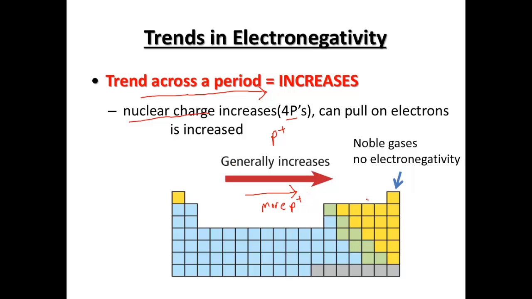Fluorine right here is the hungriest of our elements. It wants electrons more than any other element on the table. So it gets hungrier as we move this way, and they want electrons less down here. Cesium and francium down here do not want to gain electrons. Fluorine over here is our hungriest, wanting the electrons from other elements.